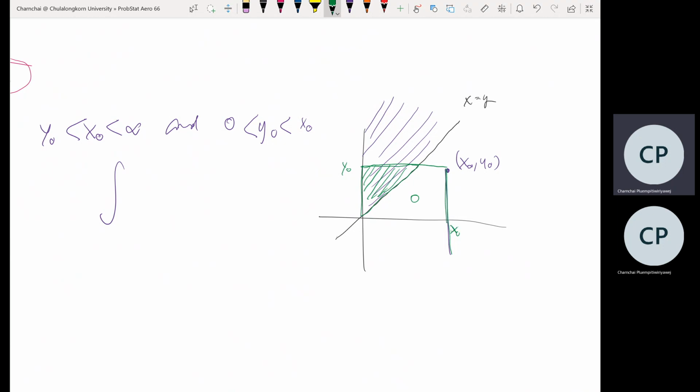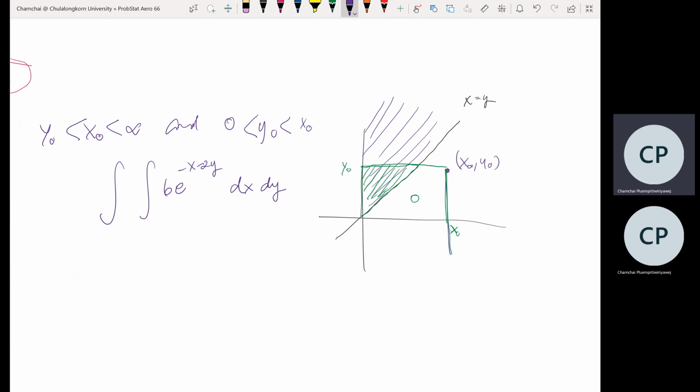So what are the limits of integration here? 6e to the negative x minus 2y, d... Should we do dx first or dy first? It doesn't matter, because it is the same. We can do dx first and then dy.